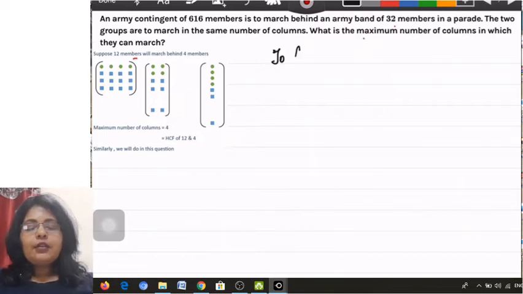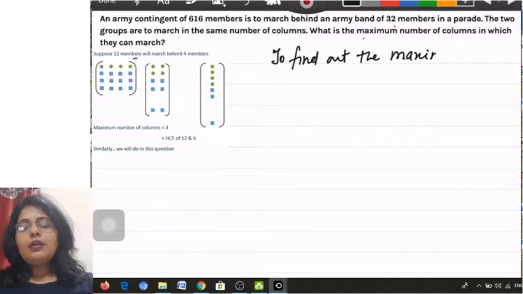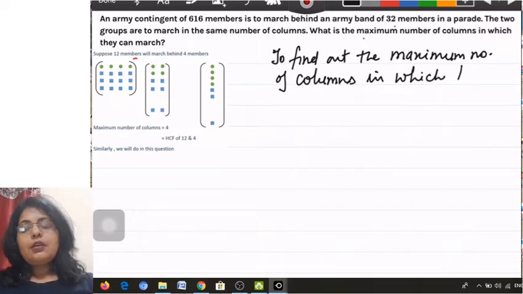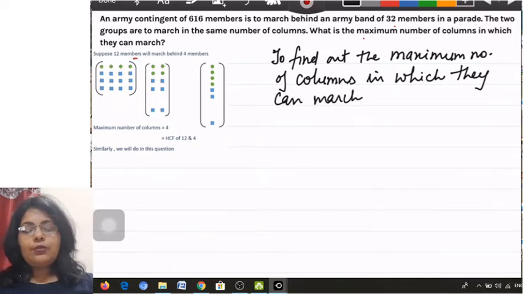The maximum number of columns in which they can march is equal to SCF of 616 and 32.